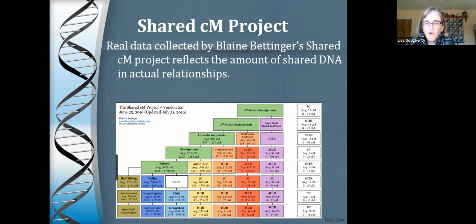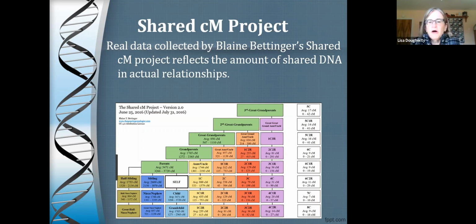So what people have been doing over probably the last 15 years or so, since the beginning of DNA testing, is they have been reporting the actual amount of centimorgans shared between them and people who they know they're related to. So for example, say I know that Charlie and I share 1,700 centimorgans. He's my nephew. I could report to this project that, hey, my nephew shares 1,700 centimorgans of DNA with me. So that would go into the information used to create this database.